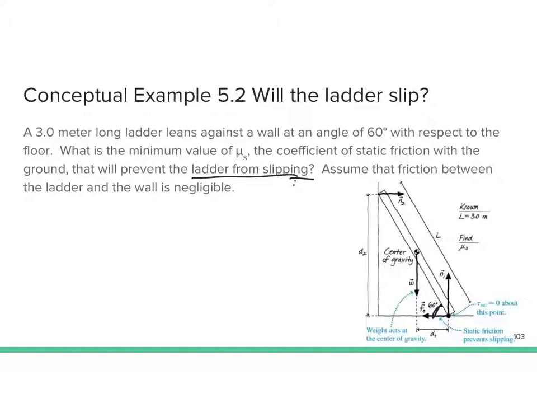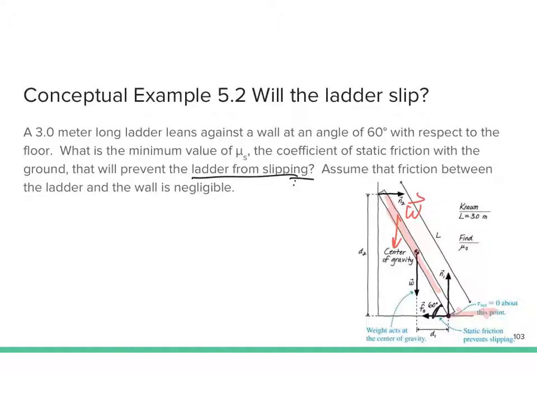If you look at the bottom, the ladder wants to kick out to the right when you're standing on it. When you're standing on the ladder, you're above the center of gravity especially, you're creating this downwards force because of your weight, which is creating a downward torque.